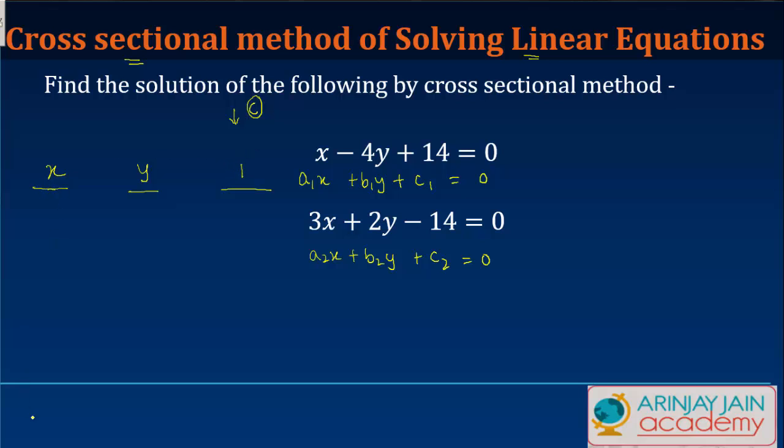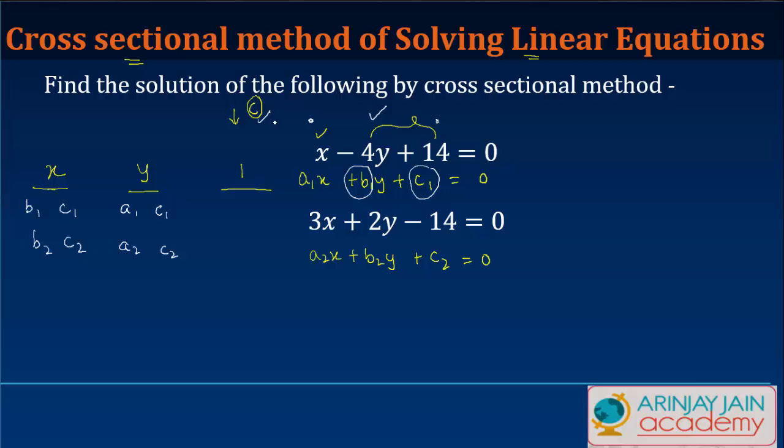When you find the value of x, which is the first one, we take the coefficients of the other two variables. So I will write b1 c1 and b2 c2. Similarly for y, I write a1 a2 and c1 c2.